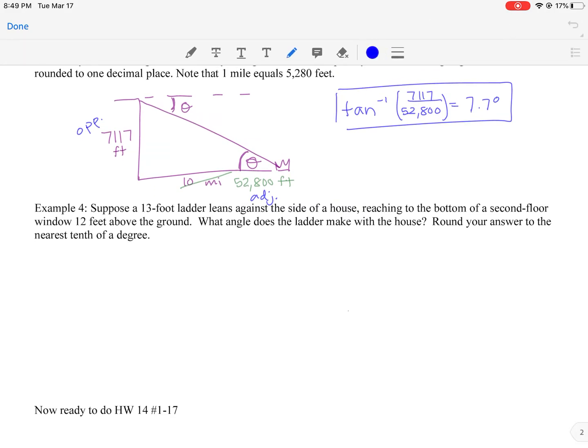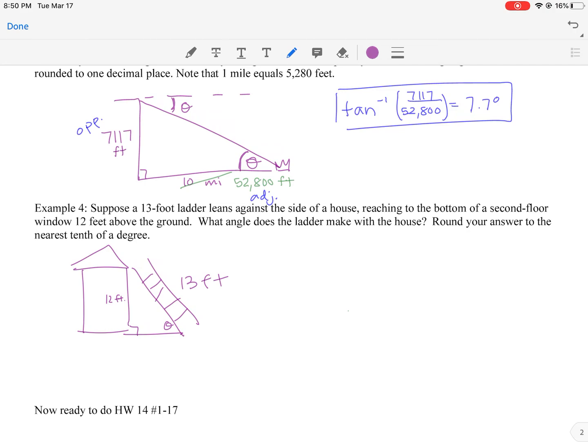Okay, let's look at the next one. Suppose a 13-foot ladder. So we got a ladder here, right? And this is 13 feet. Leans against the wall of the side of a house. This is the house. I guess it's a small house in comparison to the ladder. Reaching to the bottom of the second floor window that is 12 feet above the ground. And it says, what angle does the ladder make with the house? This is our angle down here.